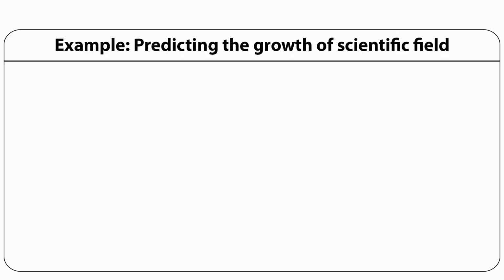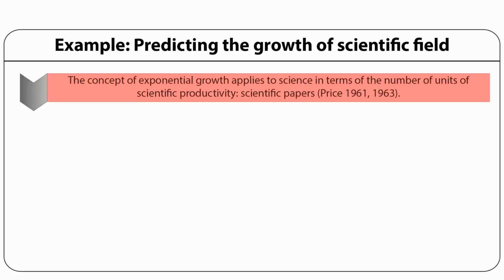Here we demonstrate the importance of scientometrics in predicting the growth of a scientific field. The concept of exponential growth applies to science in terms of the number of units of scientific productivity, scientific papers.